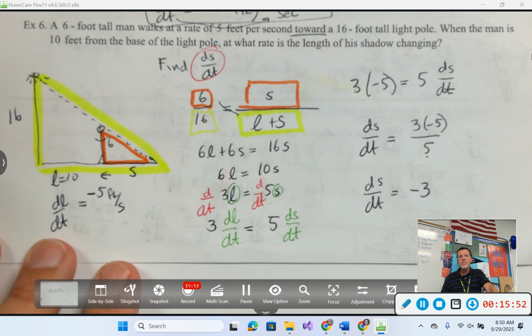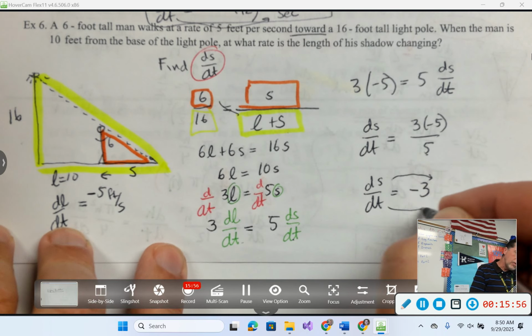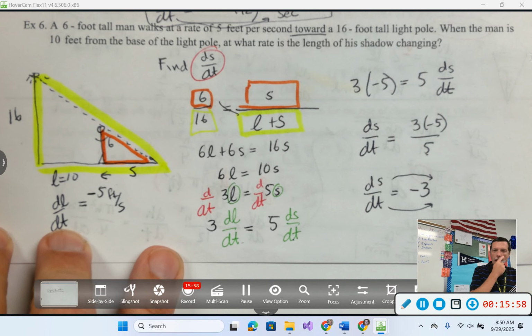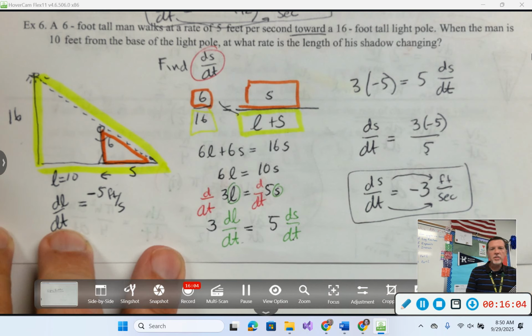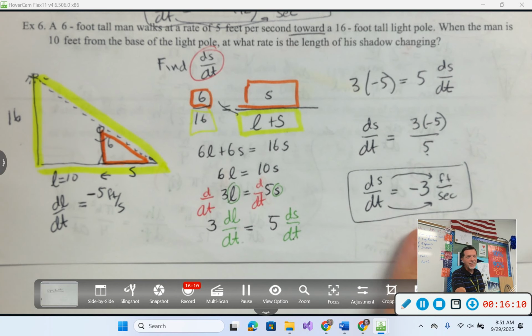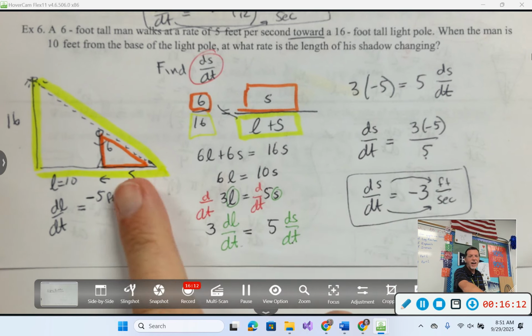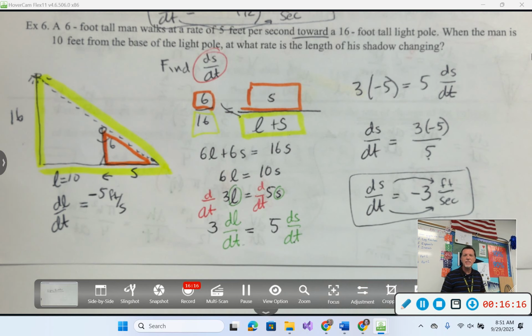Okay, it didn't specifically ask for units, but let's do it anyway. What are the units of s? Feet, and the units of time? Negative 3 feet per second. It's hard to know if that's a legitimate answer, like 3 versus 5. But does the negative make sense? It should mean his shadow is getting shorter.